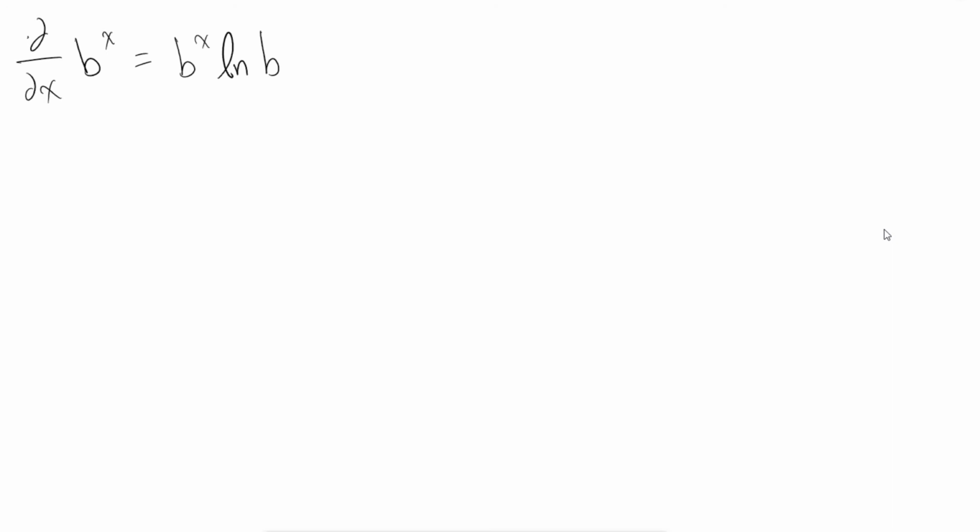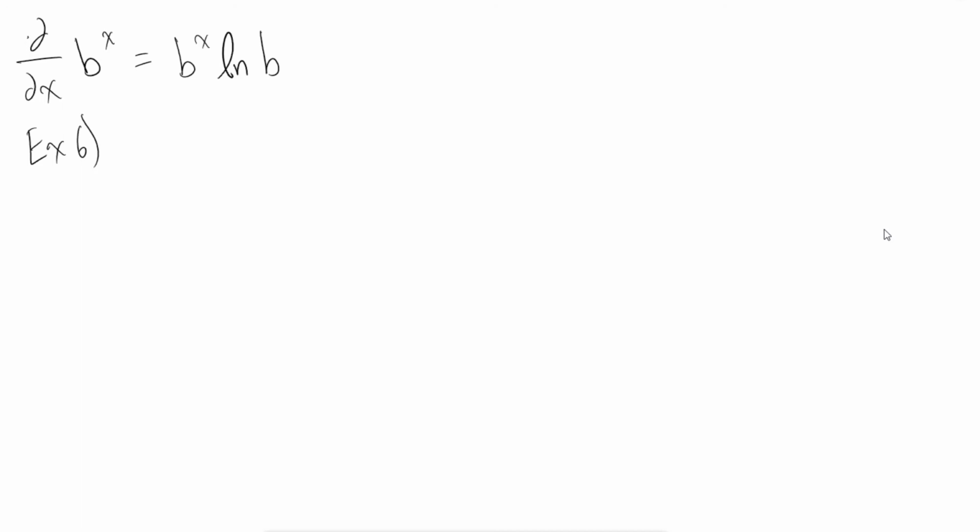So the derivative of a power, which is a base and an exponent, is equivalent to that power multiplied by the natural logarithm of the base of that power. There's a proof. Feel free to use it if you want. It's on page 379. But don't feel like you have to.